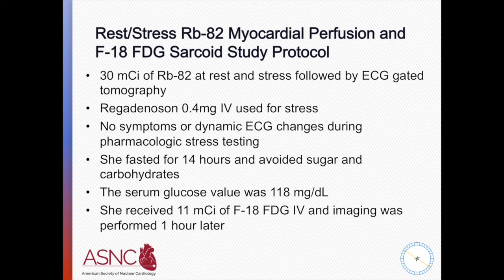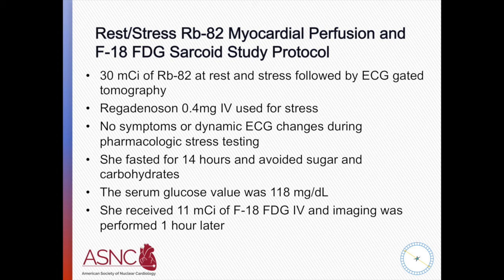The patient was prepped with a 14-hour fasting devoid of sugars and carbohydrate, which is the current recommendation for sarcoid protocol, in order to minimize glucose utilization in the myocardium. That way, any FDG that we can detect reflects the presence of inflammation in the heart.